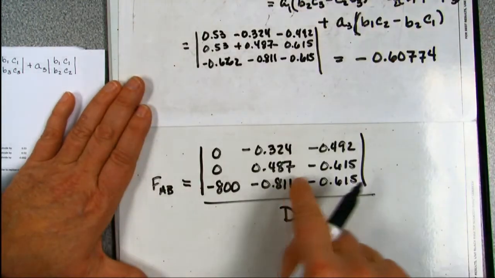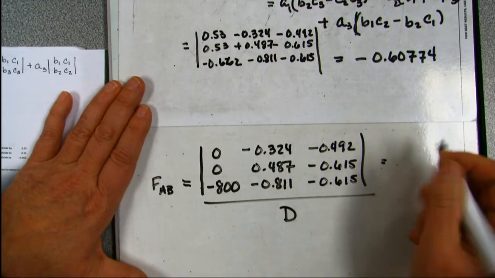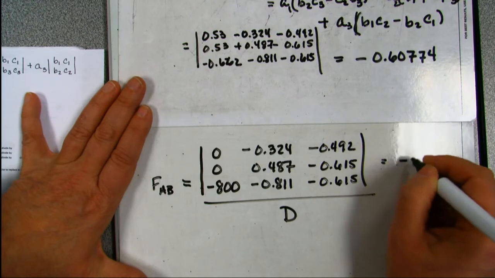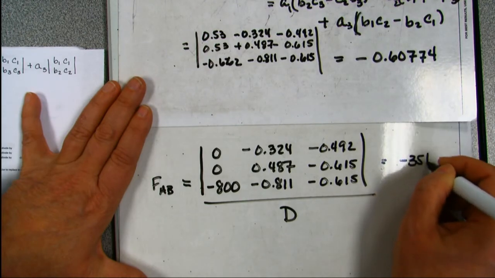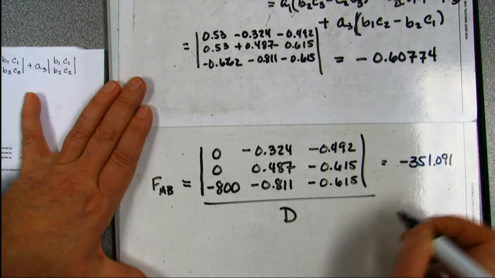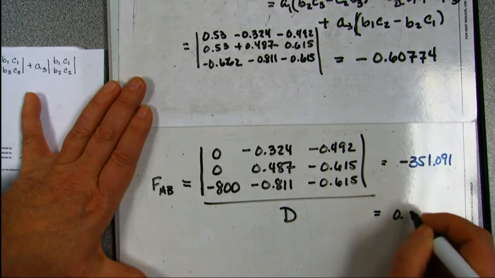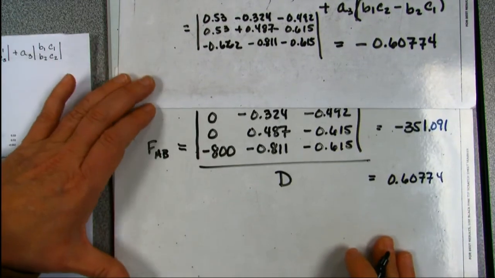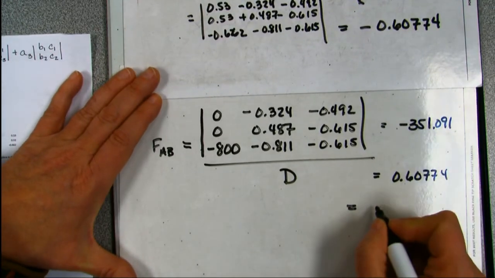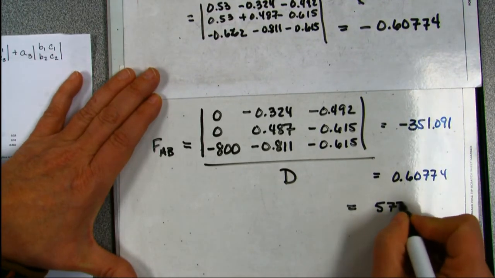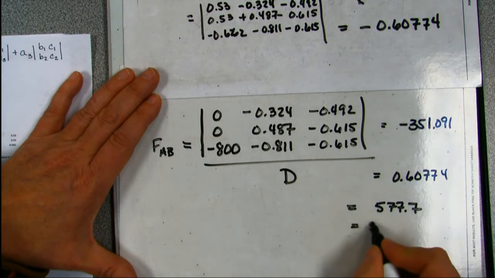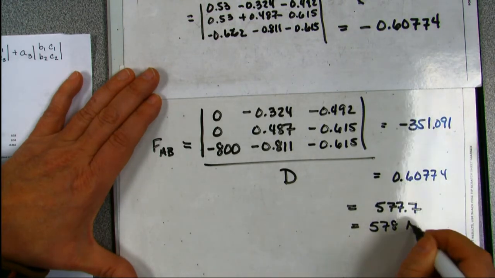If I do this, that top number for FAB becomes minus 351.091, divided by my 0.60774, which gives me FAB is 577.7 or 578, and that's in newtons.